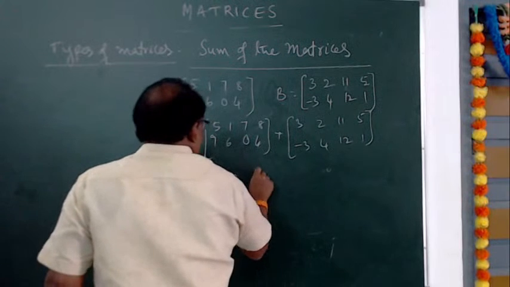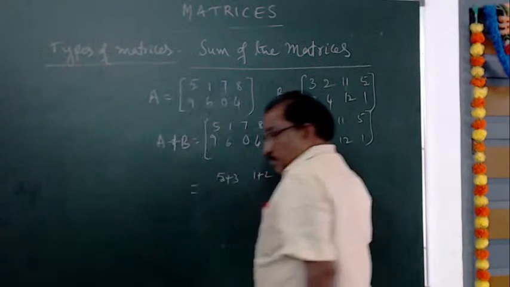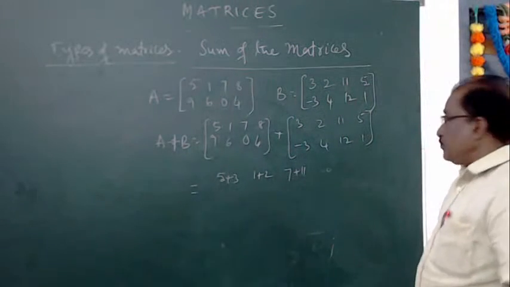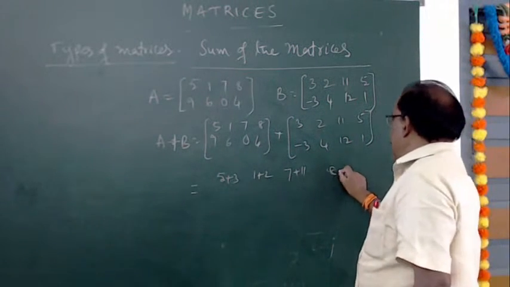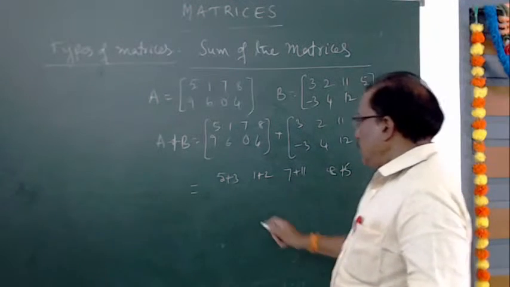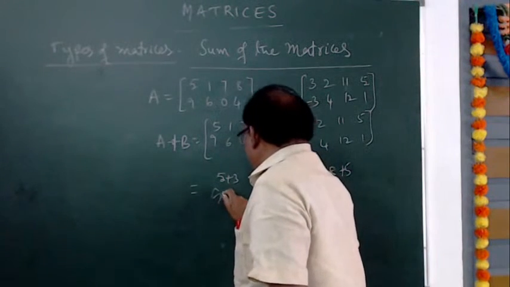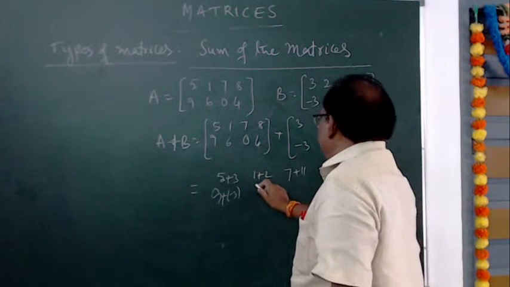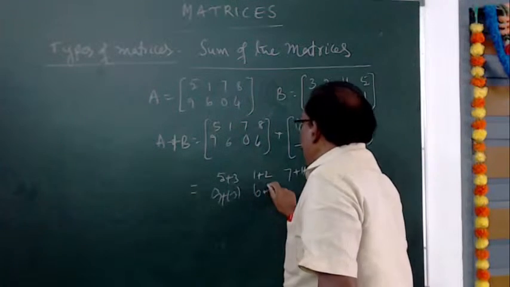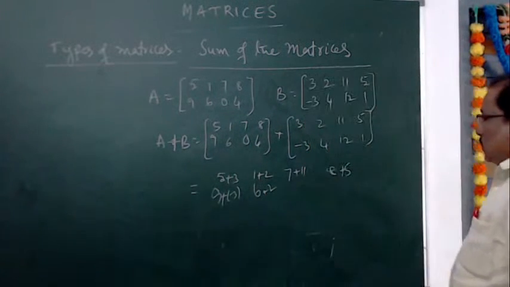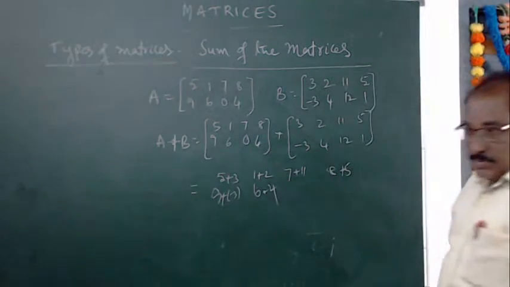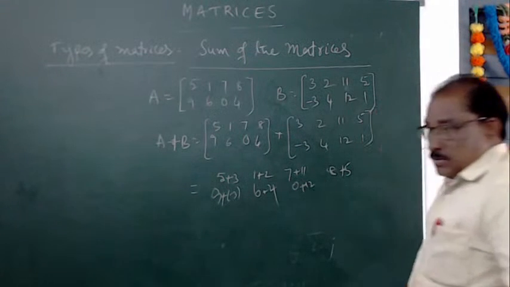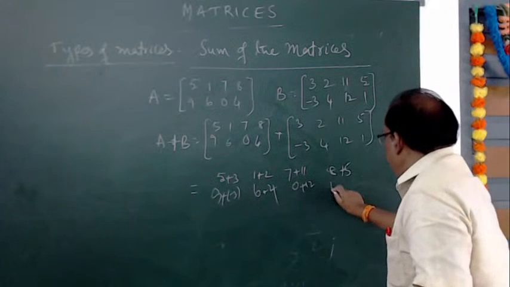So 5 plus 3 and also 1 plus 2, 7 plus 11, 8 plus 5, and 9 plus minus 3, 6 plus 4, 0 plus 12, 4 plus 1.